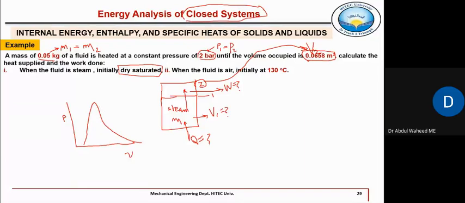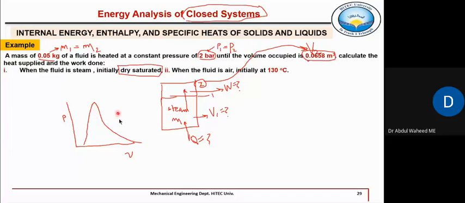This whole region is the saturated region, starting from here, ending here. So this whole dome, or inside the dome, this whole portion is saturated. Now where is dry saturated? Any point on this saturated vapor line is known as dry saturated.